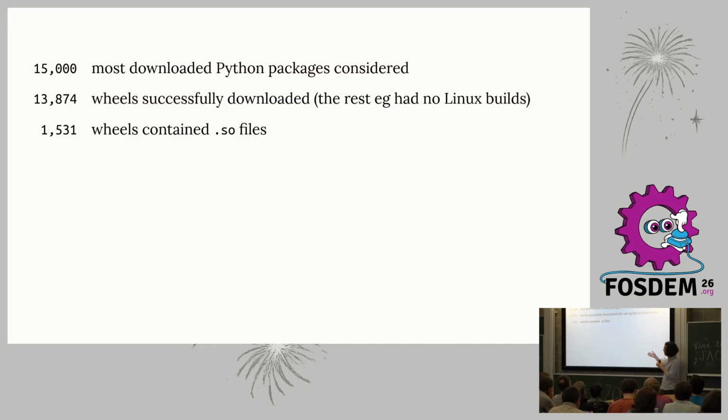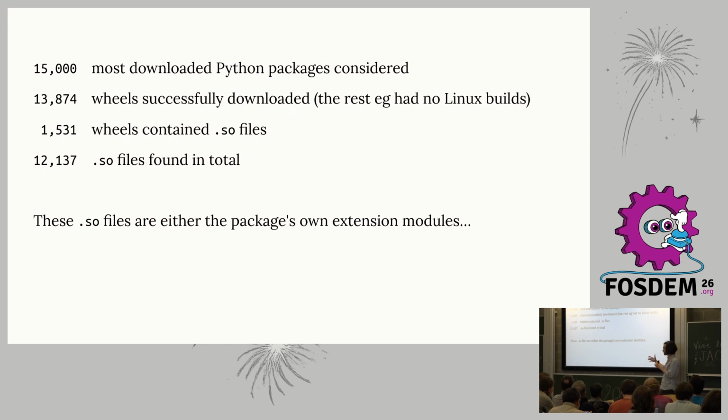And of those wheels, 1,531 wheels contain dynamic libraries. So that's already interesting. And I found a total of 12,137 SO files. Now, some of those SO files are bundled binary dependencies, stuff like OpenBLAS, but some of them are just those extension modules that we just looked at.